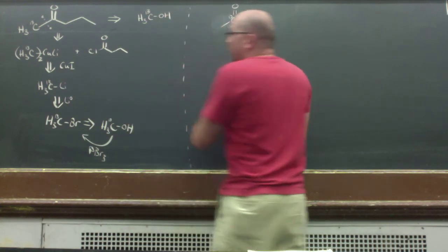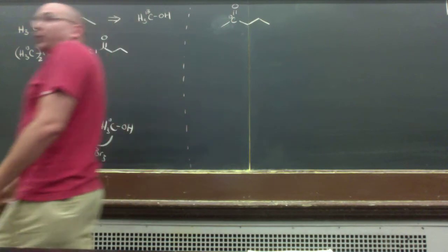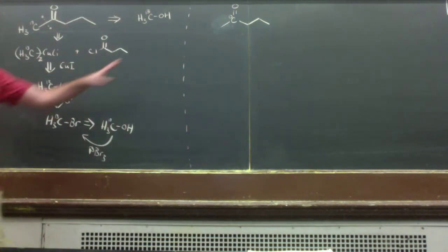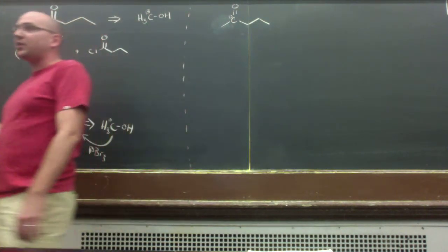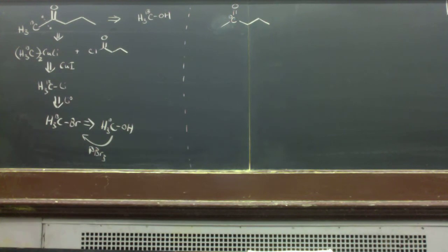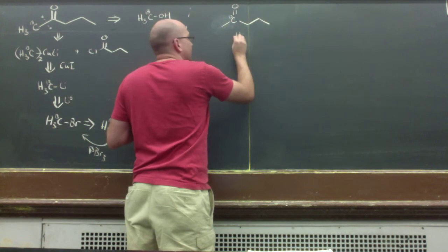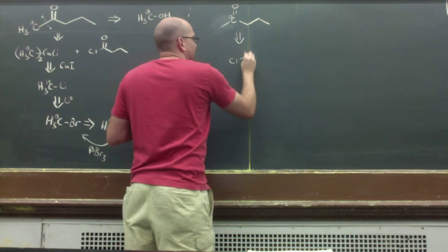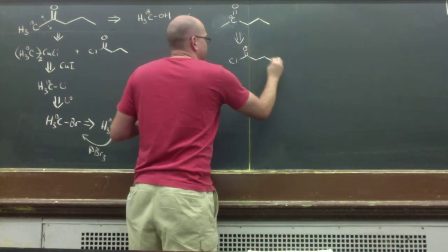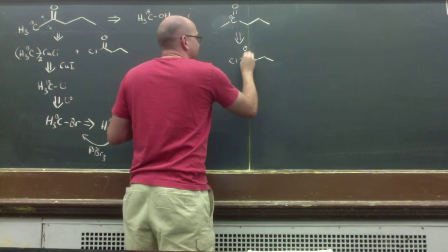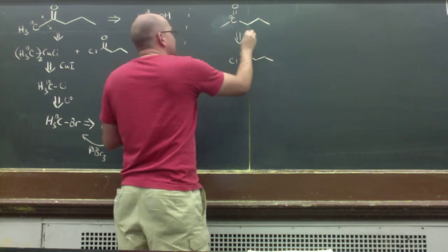Okay, so this we're going to come from this group. We can at least go to the acid chloride if we want, so we can just do what we did here. This is our C13 plus the Gilman.